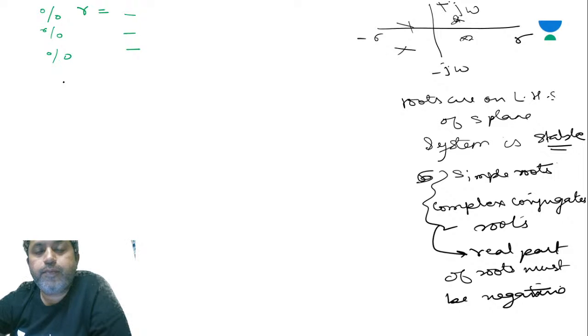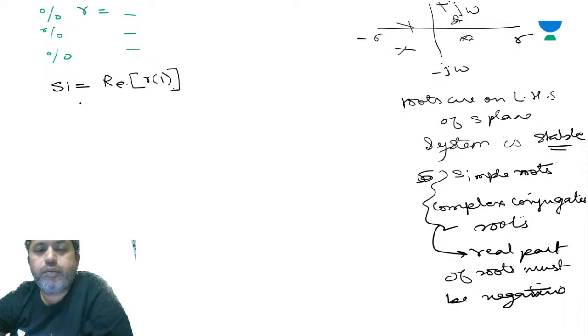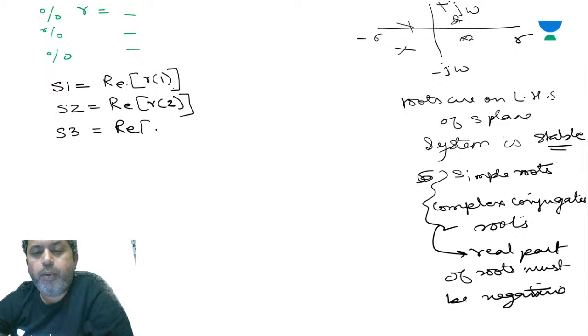So I will say S1 is equal to real part of R of 1. S2 is equal to real part of R of 2. S3 is equal to real part of R of 3.